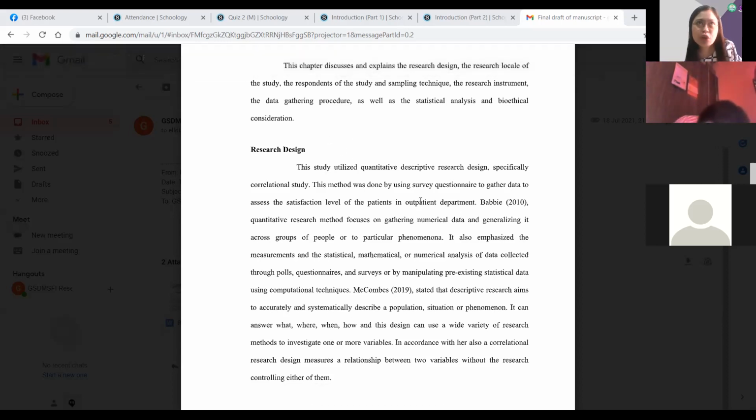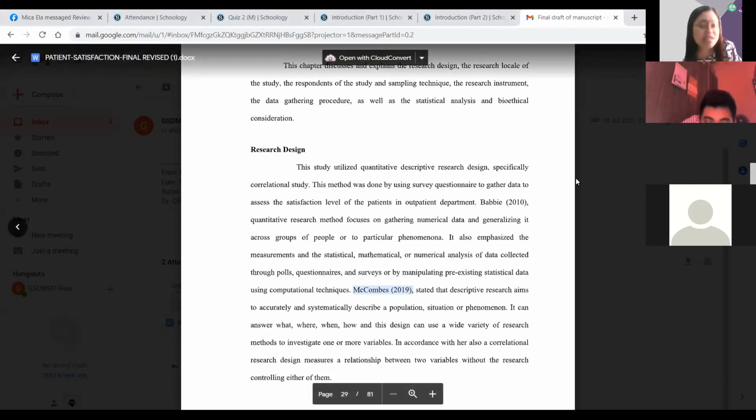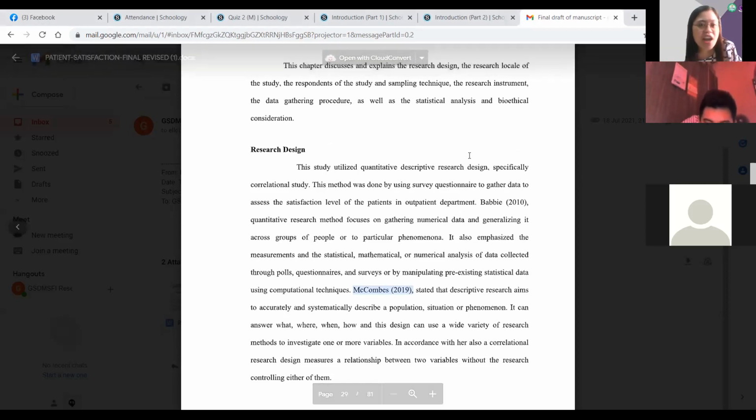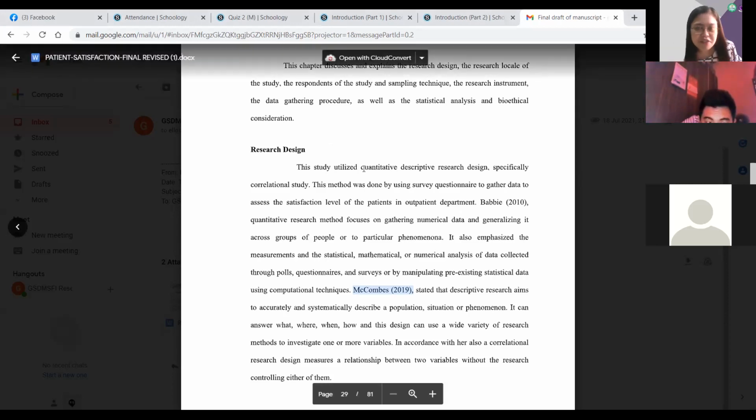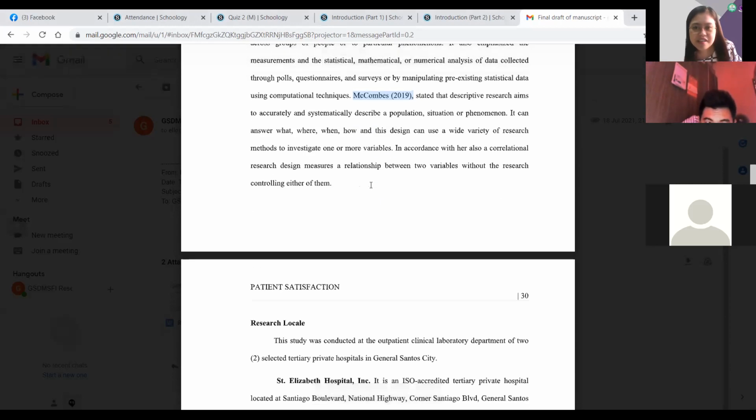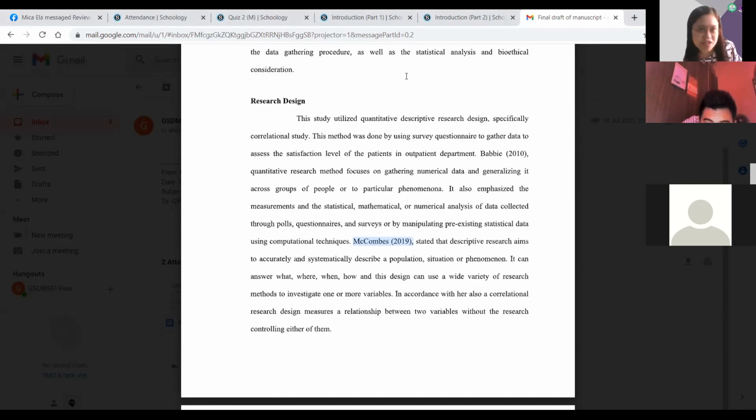You may include descriptions of this kind of research designs, including citations kung saan nyo kinuha yung mga descriptions na yan. Okay? So that's the first part of the research methodology. So far, do you have questions pa about this?